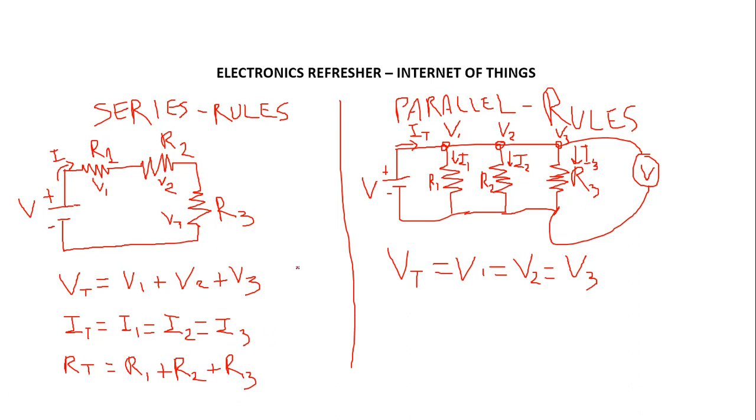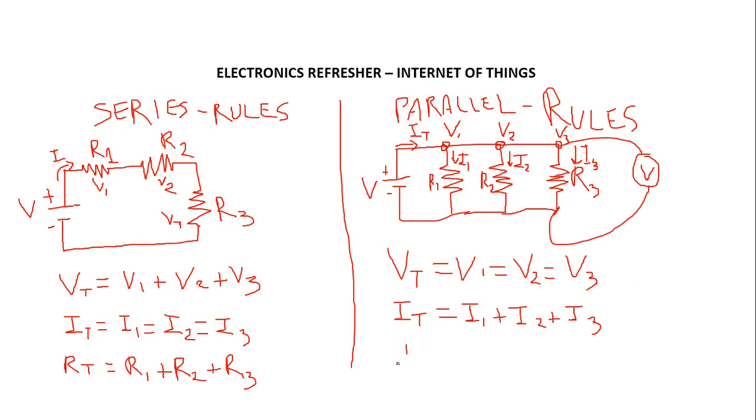The total current here is going to be the sum of all the currents: I1, I2, and I3.